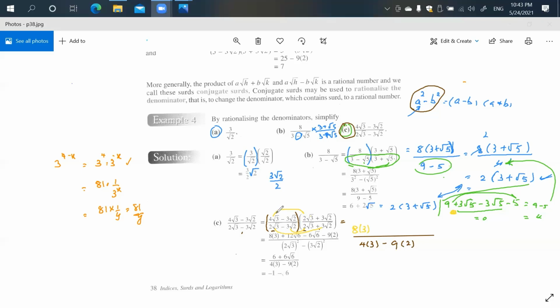Now see this, 4 square root 3 times this one: 4 times 3 is 12, and this one is plus. Root 3 times root 2 becomes root 6. Okay, so I erase this one.